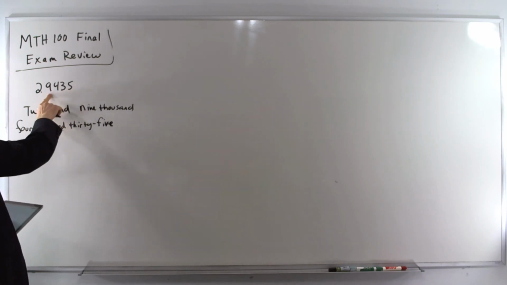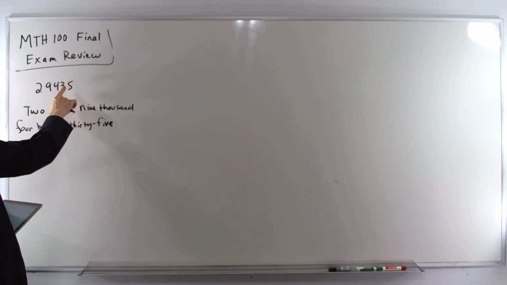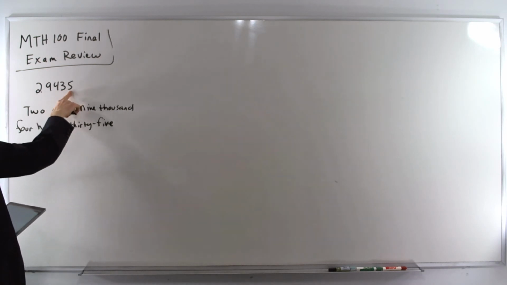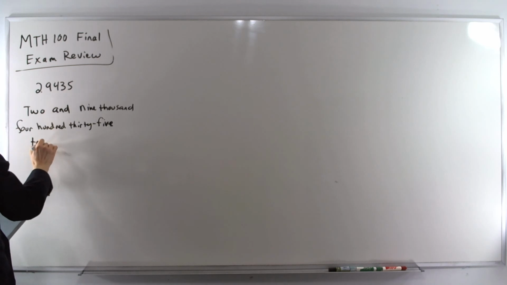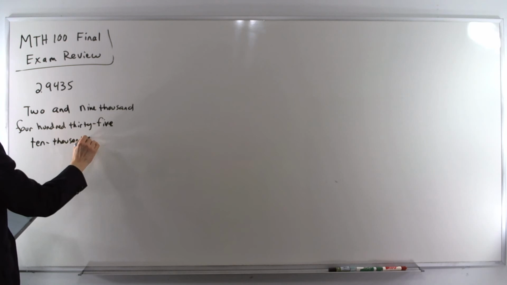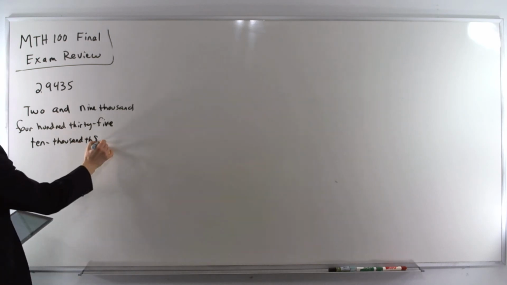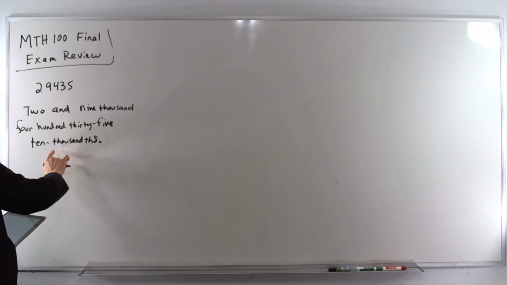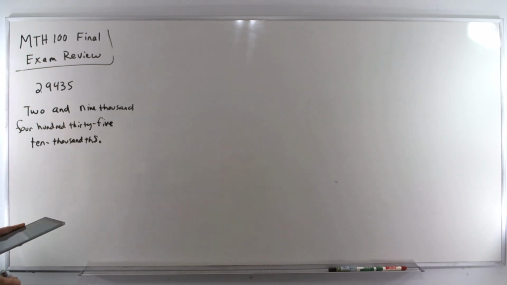So we've got tenths, hundredths, thousandths, ten-thousandths. The last digit is in the ten-thousandths place. So finish up with that place name. 2 and 9,435 ten-thousandths. Make sure that place name ends in THS.